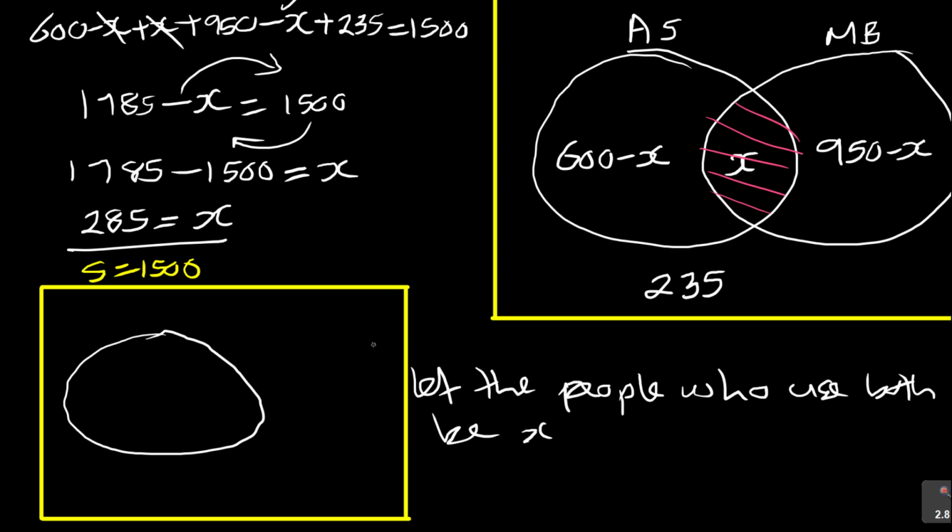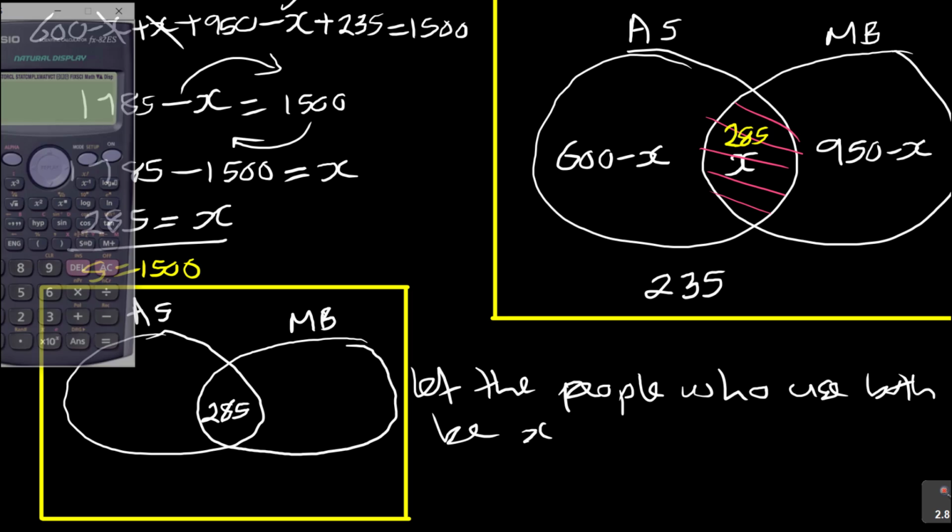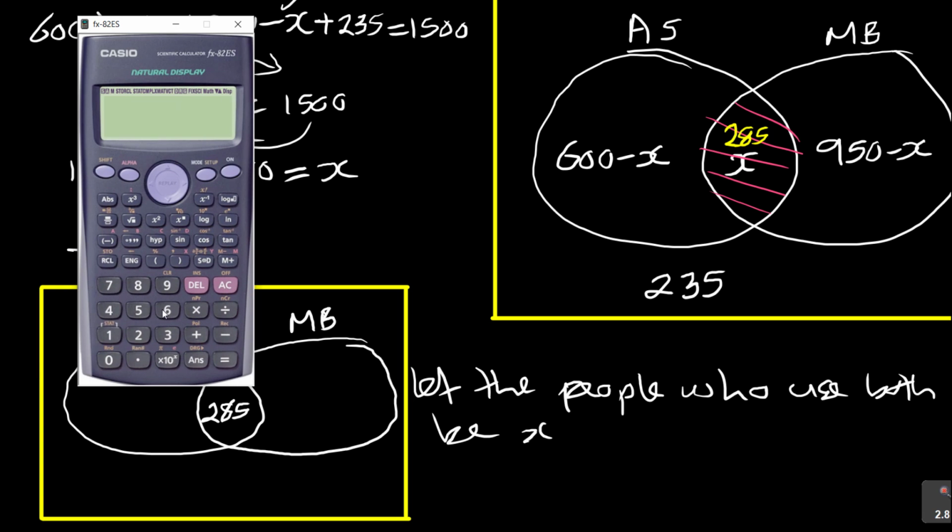We have AS, and we have MB. Now you start to work it out. 600 minus X. What was the value of X? We said it was 285, so you write here that our X is 285. Now what is 600 minus 285?